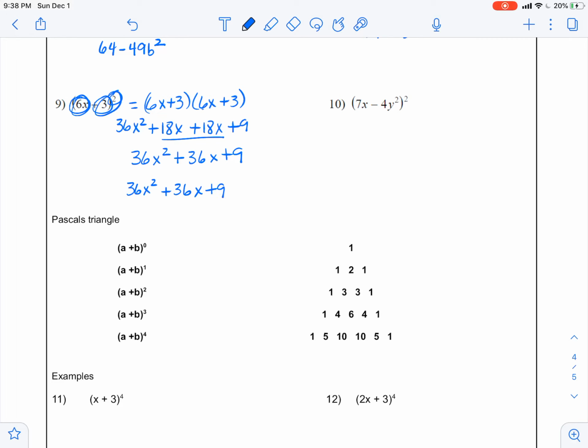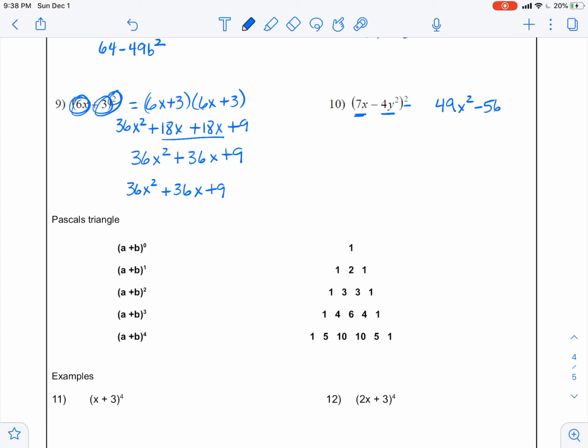Okay? So let me just show you on this one. I'm going to square this, so I get 49x squared. I'm going to take this times that. So in that case, 7 times 4 is 28, times 2 would be 56, and it's negative, and then x times y squared.